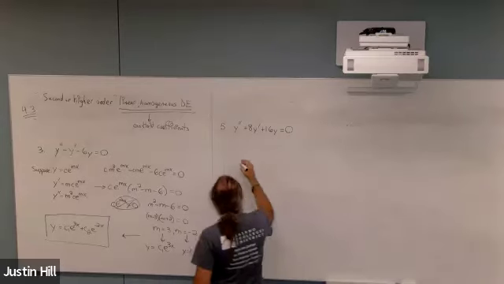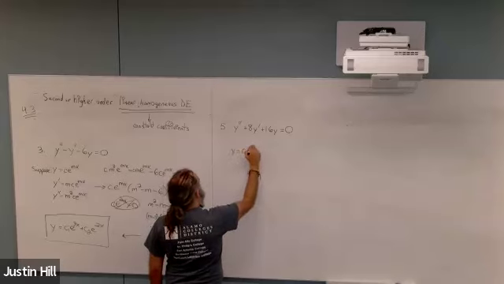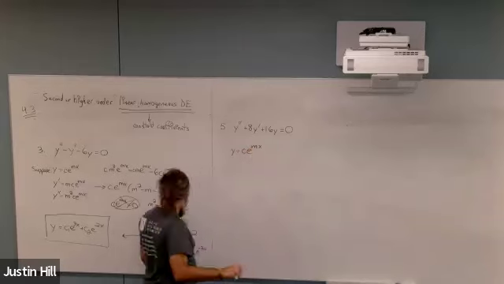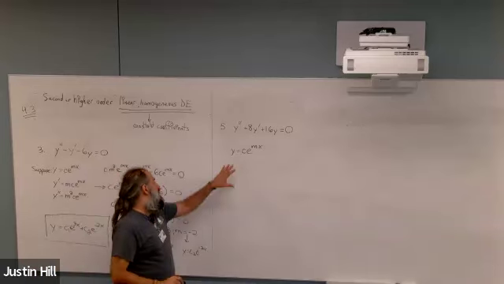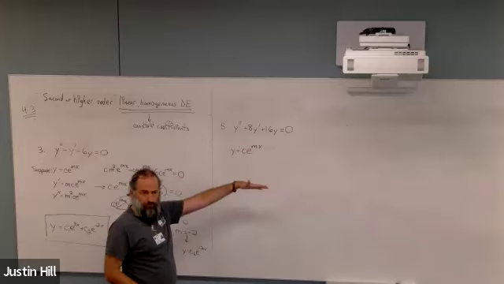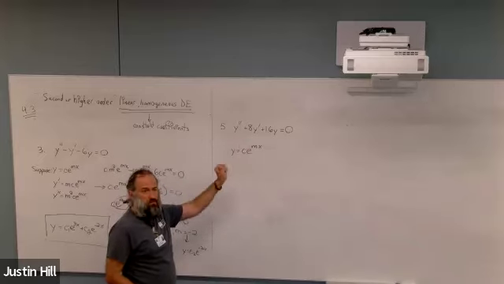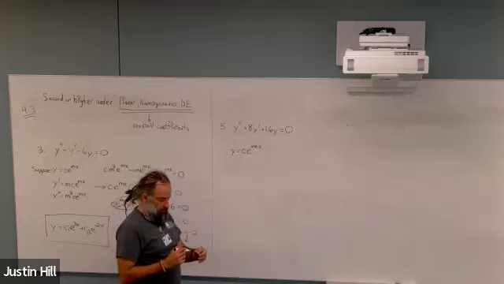And again, I'm going to start by assuming that my solution is c e to the mx. Then I'm going to figure out the first derivative and second derivative, plug them in, and then solve. So you get an equation where you're trying to figure out what makes it equal to 0. You work from there.